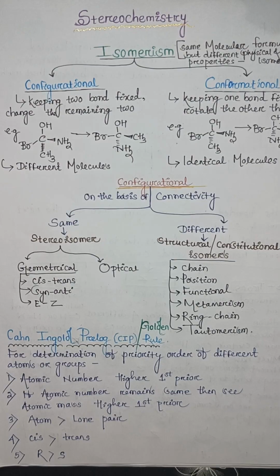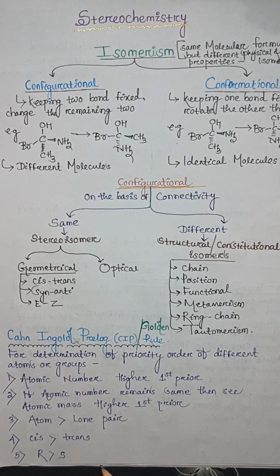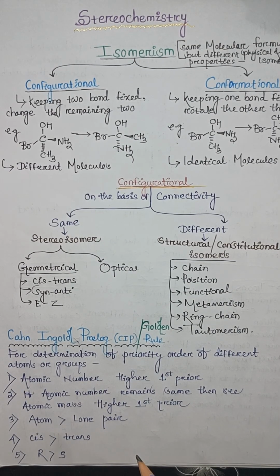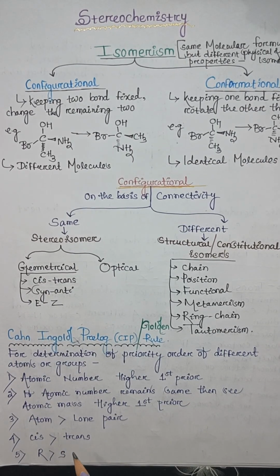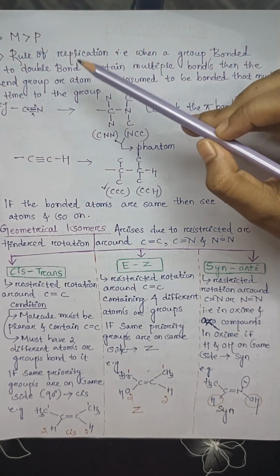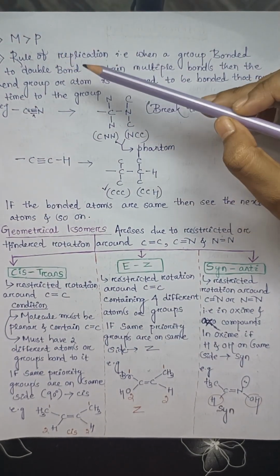If the atomic number remains the same, then we have to see the atomic mass. The higher the atomic mass, the higher the priority. Then an atom will be preferred over a lone pair, cis will be preferred over trans, R will be preferred over S. Next, M will be preferred over P.